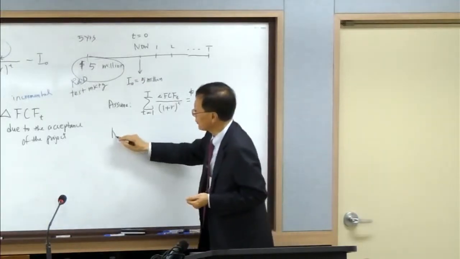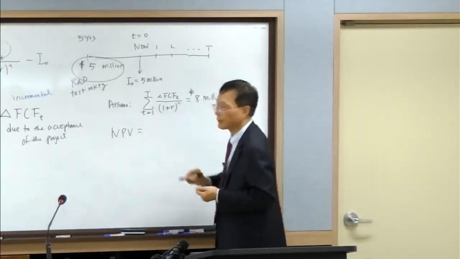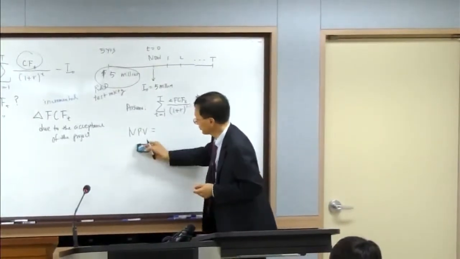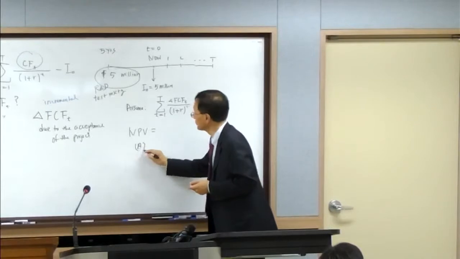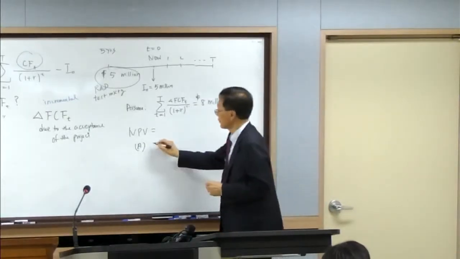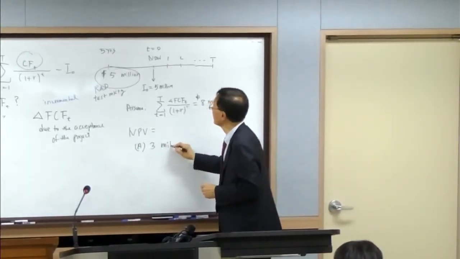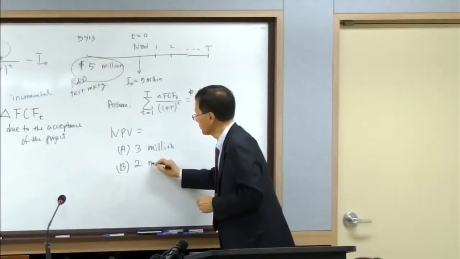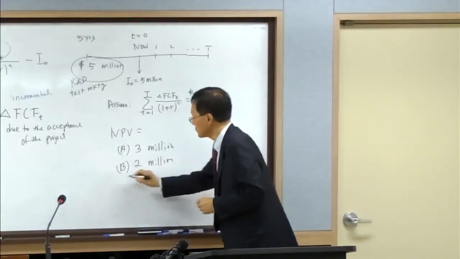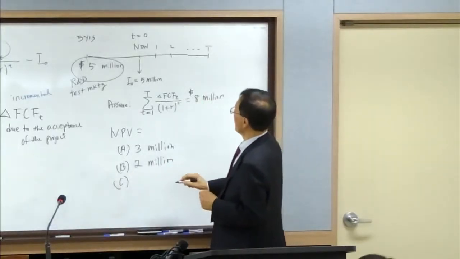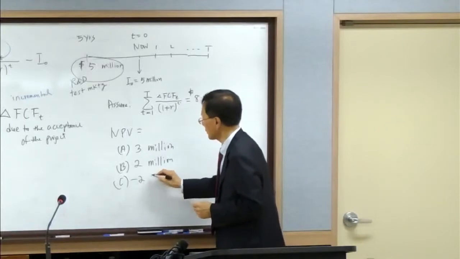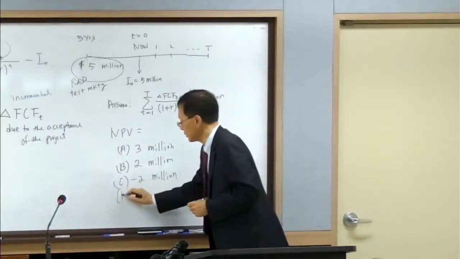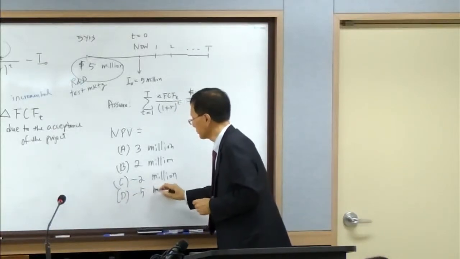So find the net present value. Multiple choice. A, 3 million. B, 2 million. C, minus 2 million. D, minus 5 million.